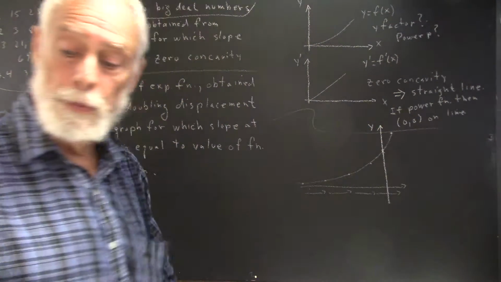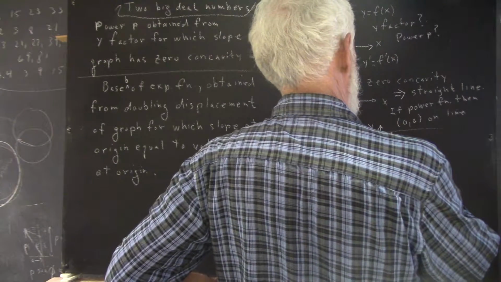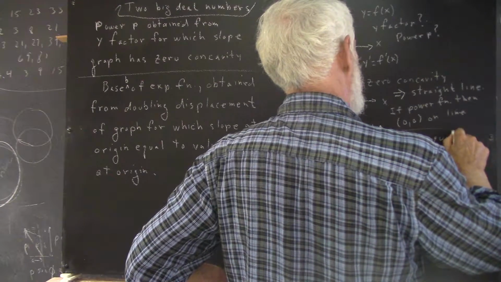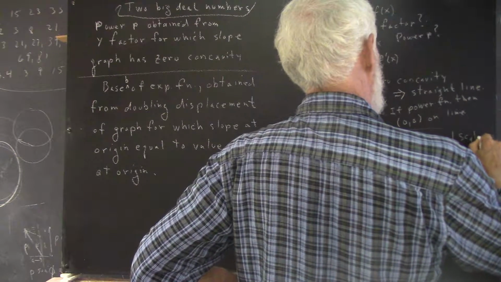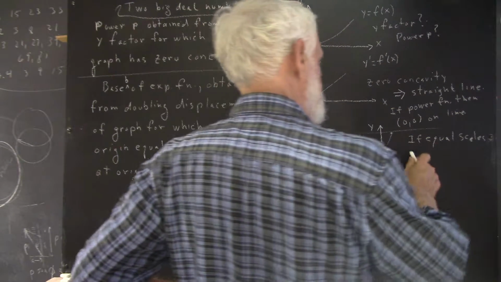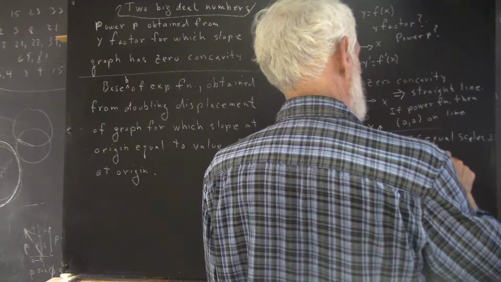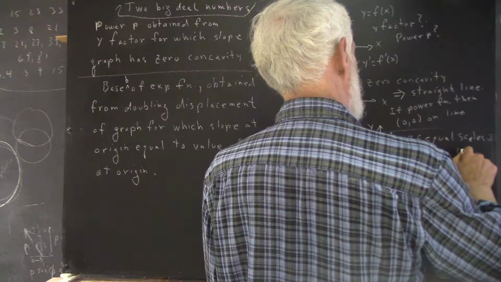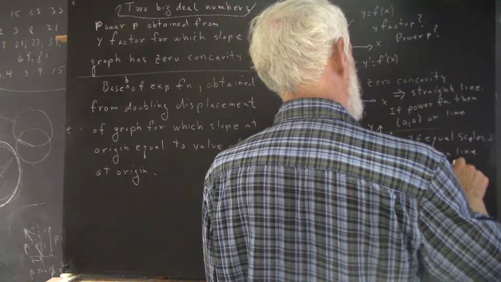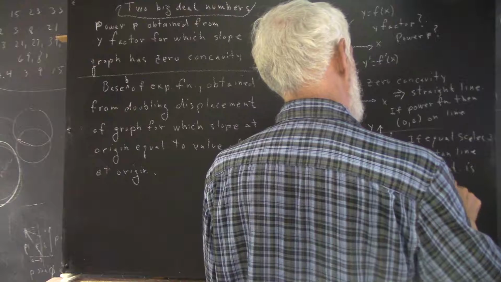and assume equal scales, so I'll say if equal scales, when the x and y axes are equal, then the tangent line at the y-intercept is at 45 degrees.